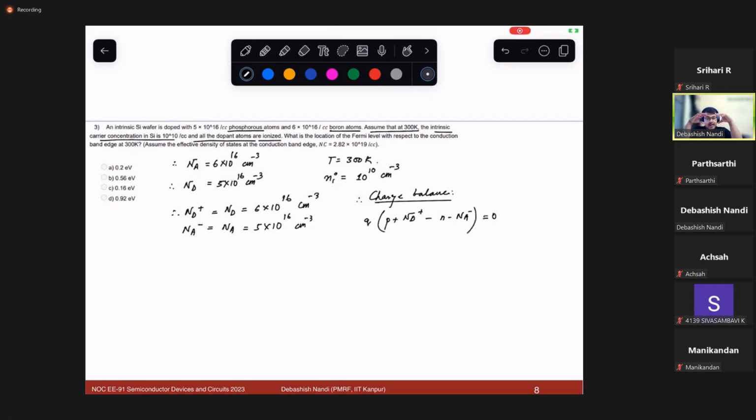Because at thermal equilibrium, my entire silicon wafer has to be electrically neutral. Now if I take Q as a constant, 1.602 into 10 raised to minus 19 coulomb, so I have this.